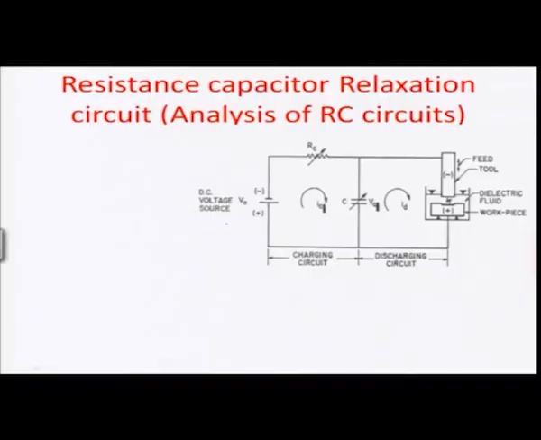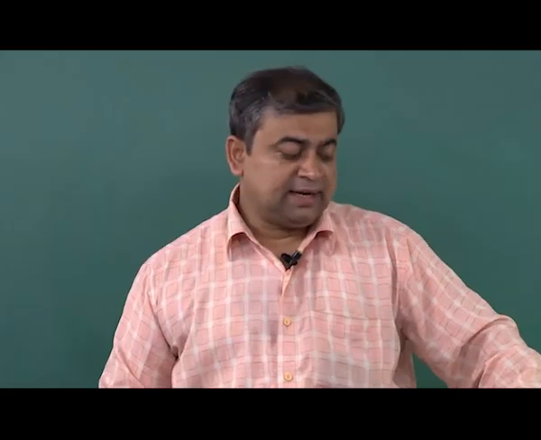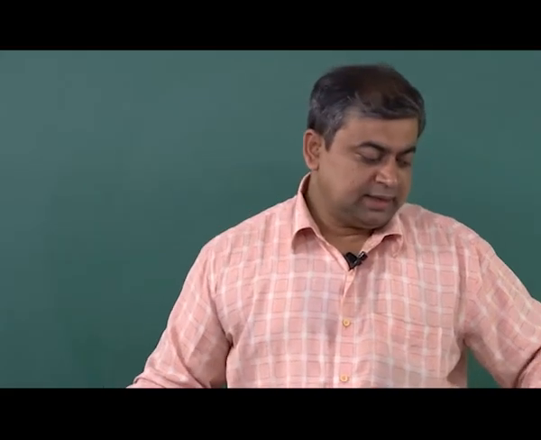So, the minimum resistance RC that will result in a control of the process without the formation of any arcing as such is known as the critical resistance for this particular circuit.